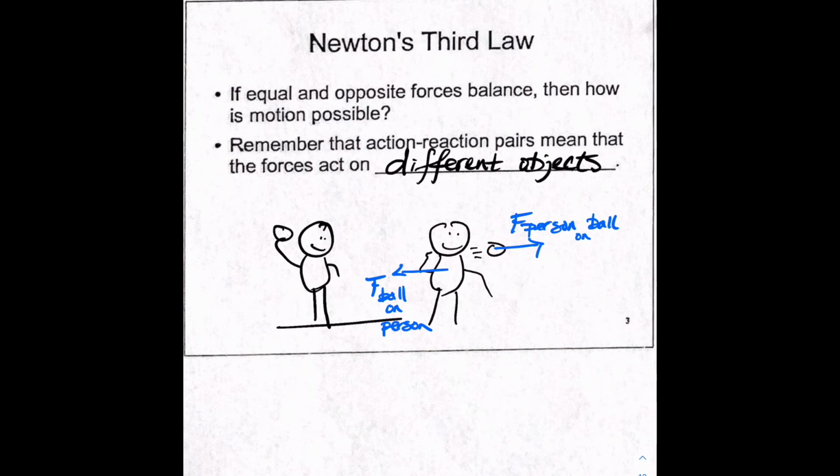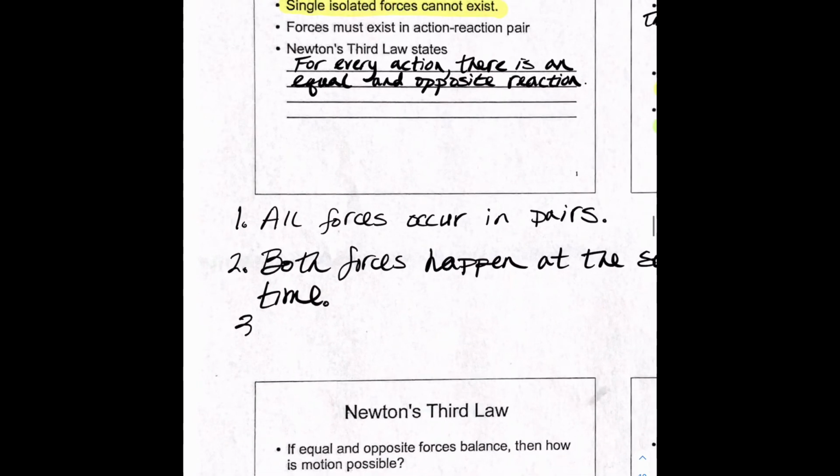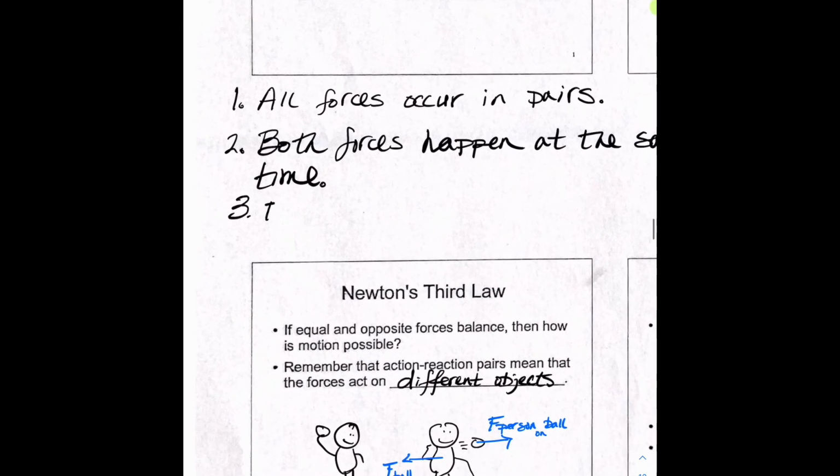Seems obvious enough, but like I said, it confuses students. So let's write that down as the third part. Force pairs must occur on different objects. It's very important.